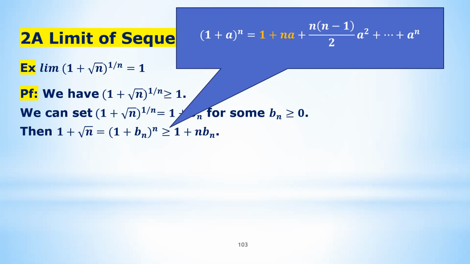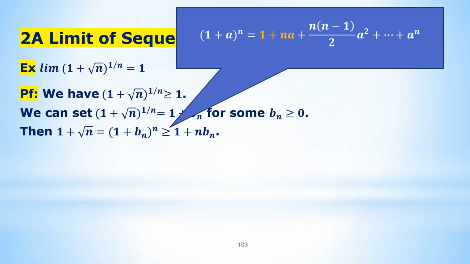So I only need the first term plus the second term. That's how I get an estimate from below, which is greater than or equal to 1 plus n times bn. That will be enough. You don't have to include the higher order terms. If you include them, that's fine, but you just complicate the detail of the proof.